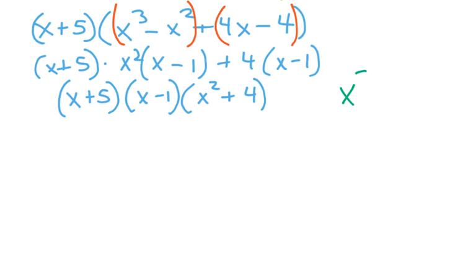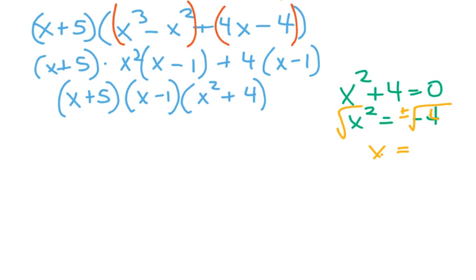If x squared plus 4 equals 0, I can solve that by taking square roots. x squared equals negative 4. I can take the positive and negative square root of negative 4, and I get x equals plus or minus 2i.